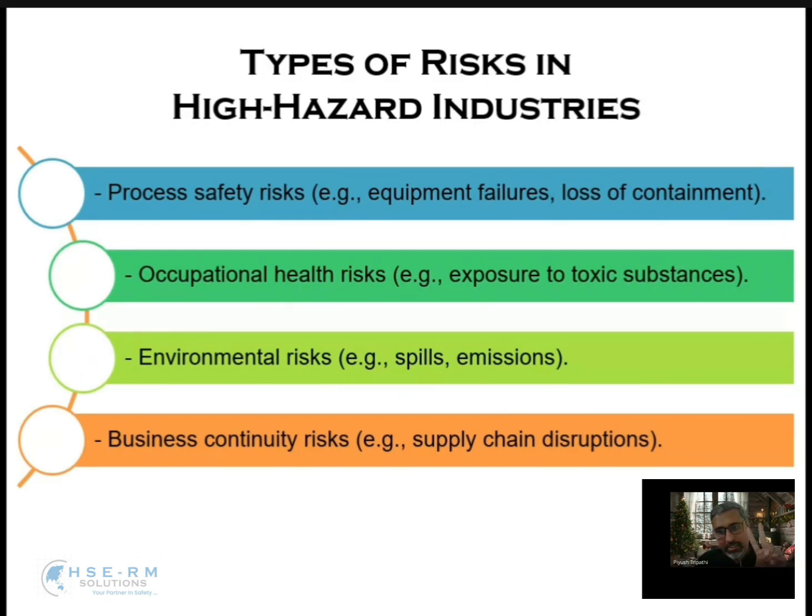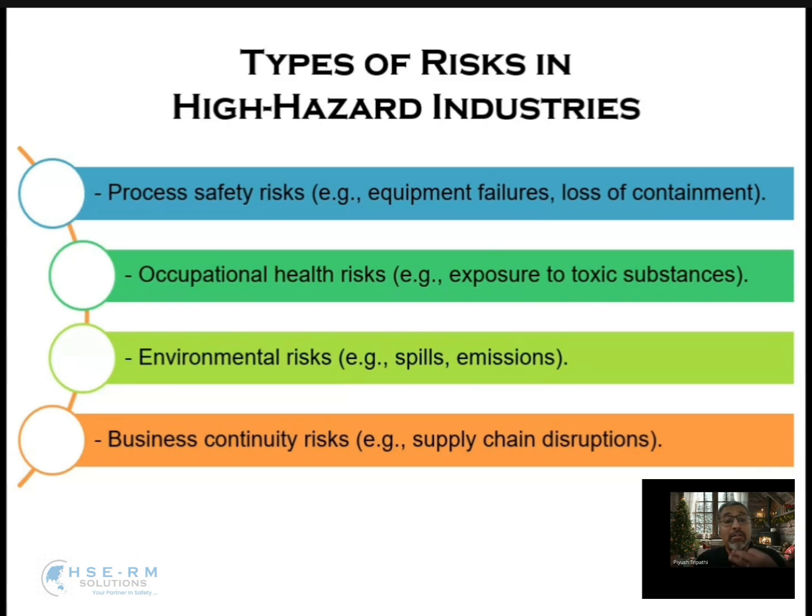The second portion is occupational health risk, that is, exposure to toxic substances. So the second point is that high hazard industries have occupational health risk. Even if you have the simplest of chemicals, if there is an exposure to a toxic substance which can pose a health risk to an individual, it is occupational health risk.